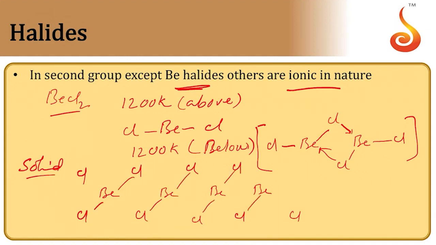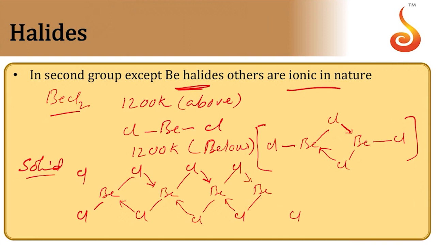These two I am putting as normal covalent bonds, and the other one will be a coordinate covalent bond in this way, and so on. It's a polymeric type of structure.